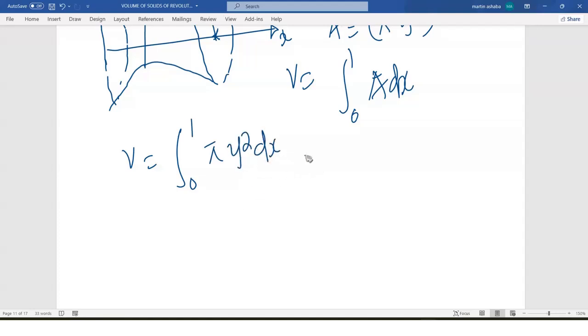But we know y, so this is from 0 to 1 of pi, y is equal to x squared plus 3, then we square with respect to x.